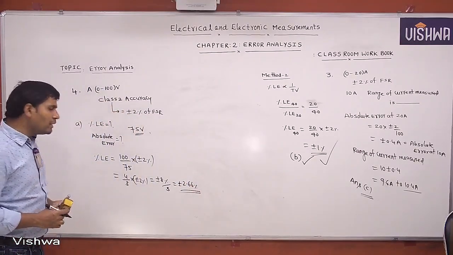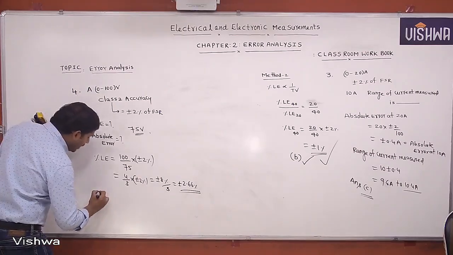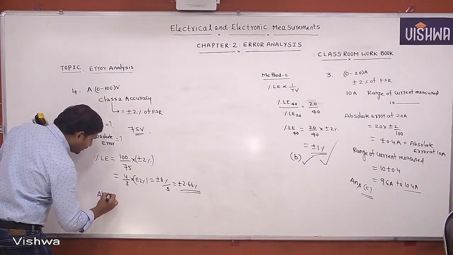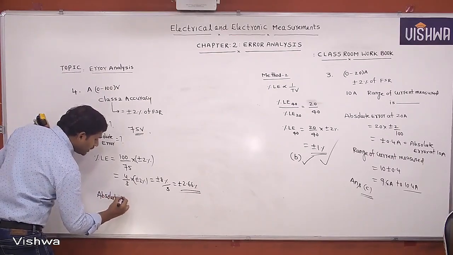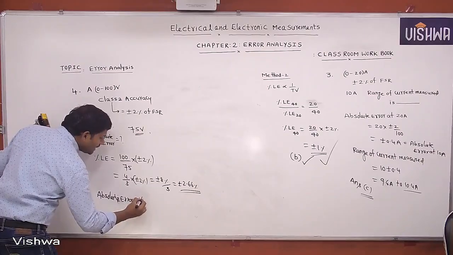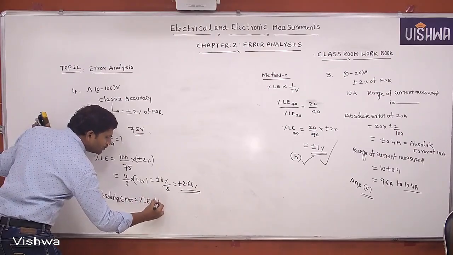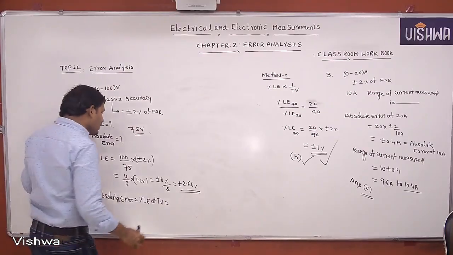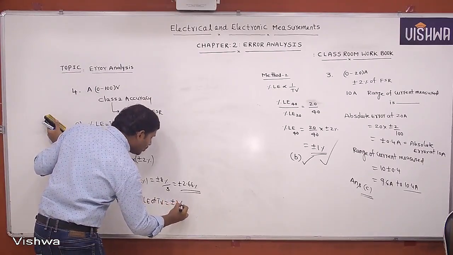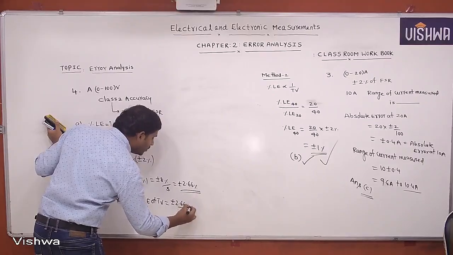Now calculate the absolute error. How to calculate it? I told already: absolute error equals percentage limiting error of true value. The percentage limiting error is plus or minus 2.66 by 100 into the true value.